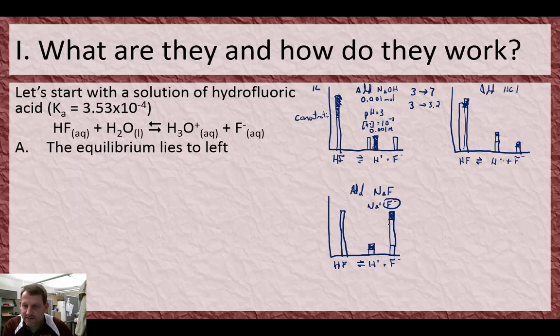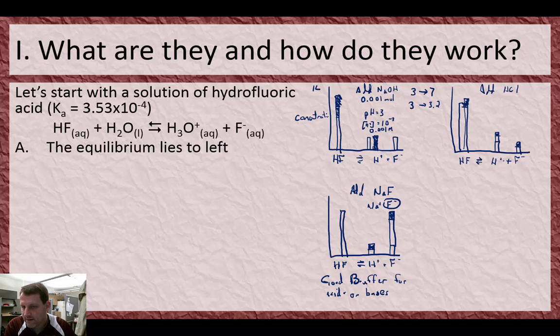So this is a good buffer for both acids or bases.